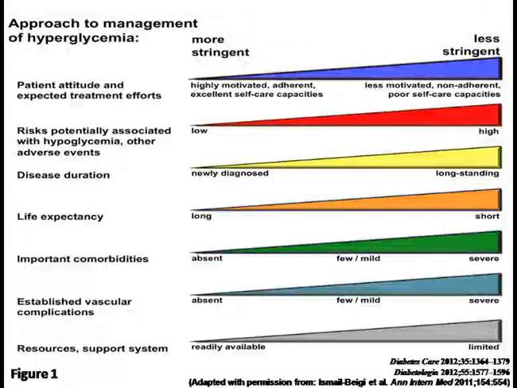at every cost less than 7%. But if the person is less motivated, you can see on your right side, he is not very reliable, not very particular about his disease care, and if his duration of diabetes is very long, if he has got short life expectancy, has got comorbid conditions, and has got established vascular complication, the A1C should be anywhere between 7.5 to 8%, and we should not invite hypoglycemia in these individuals.